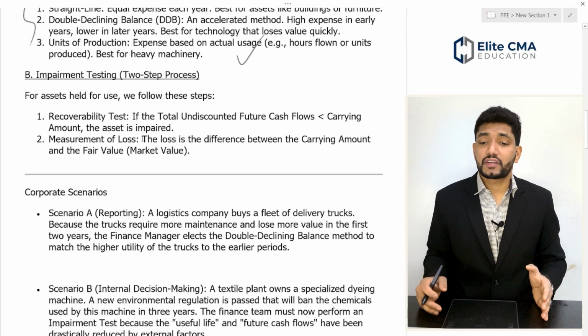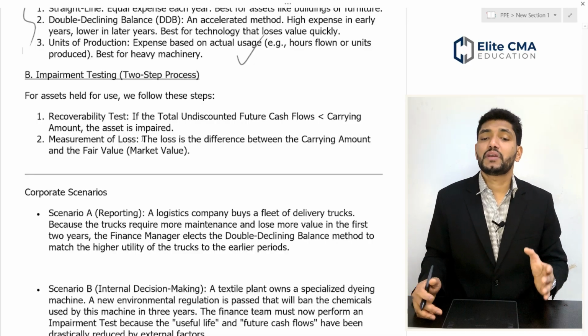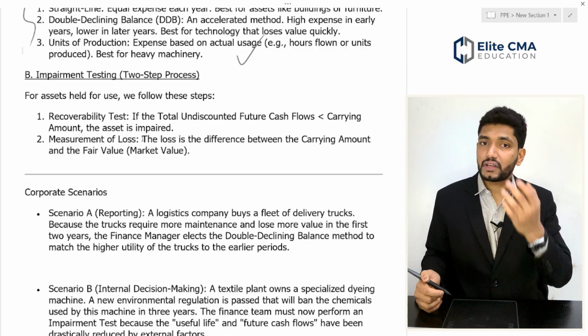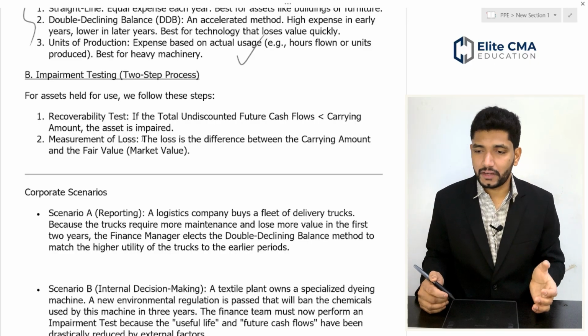Then the impairment testing. What is impairment? We just discussed before. Impairment means if the asset's market value is lower than its carrying value, you have to write down your asset value to the market value.